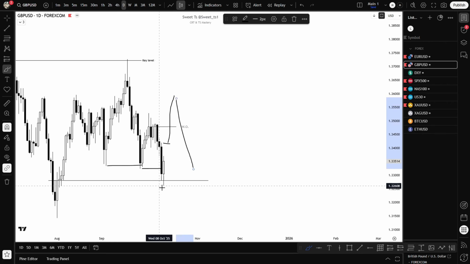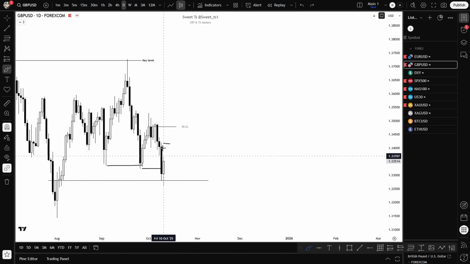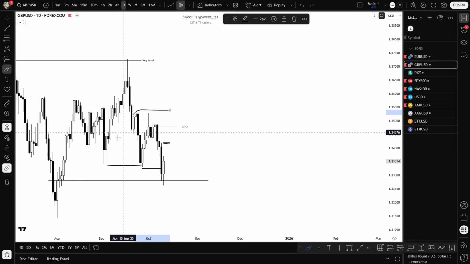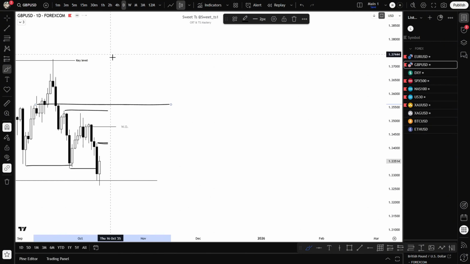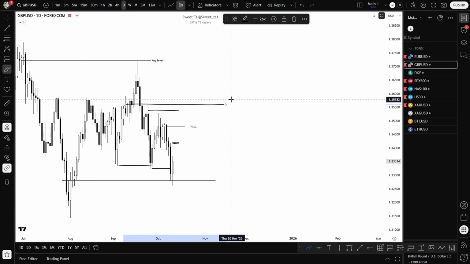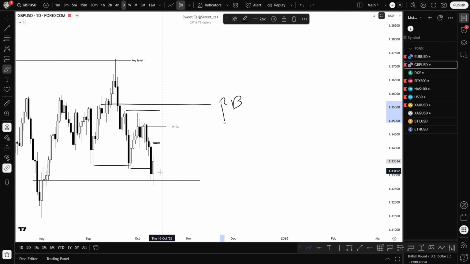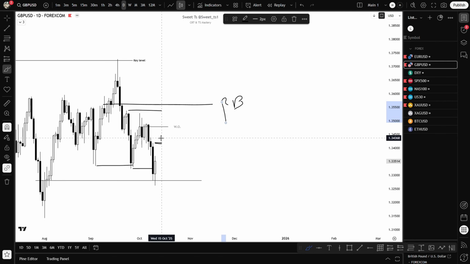So the first trading idea is we are bullish until the highs, or as I explained before, we can use the key level as a target, which is the weekly RB, right? So we are bullish until the key level, and you can see it in two ways.